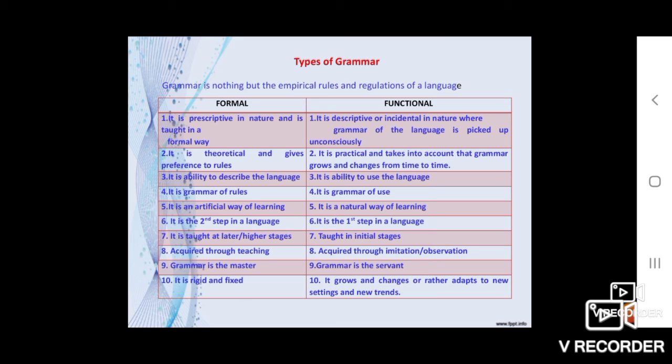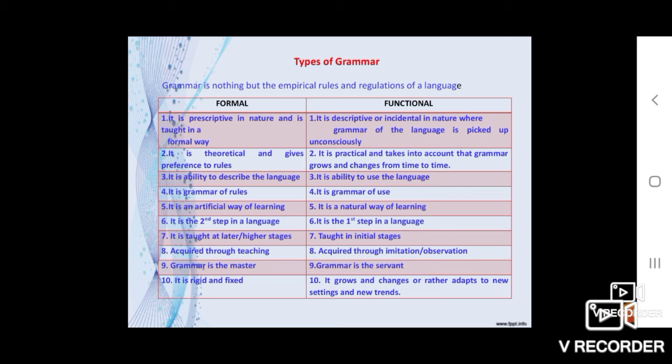So formal grammar is rigid and fixed. Rigid and fixed means what? We cannot change the rules and regulations. All the rules are fixed over there. There will be no violation of the rules of grammatical operations, so it is a rigid one. But in functional grammar, what happens?